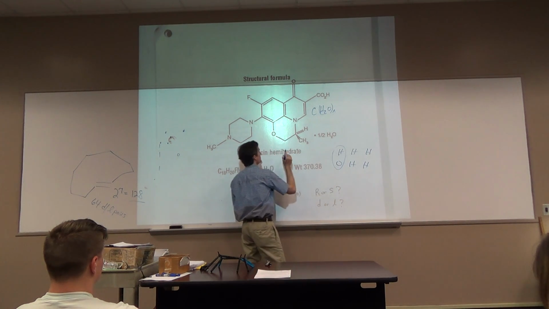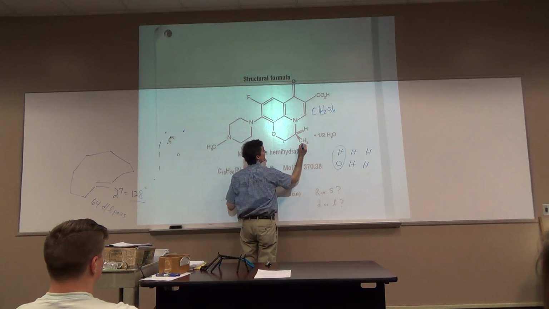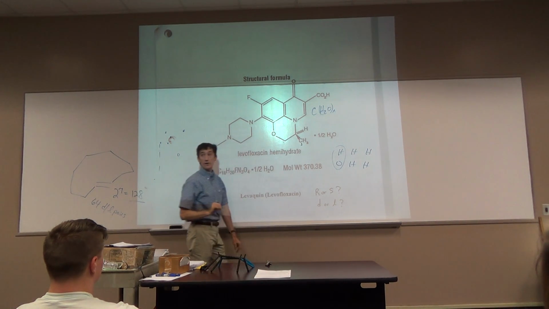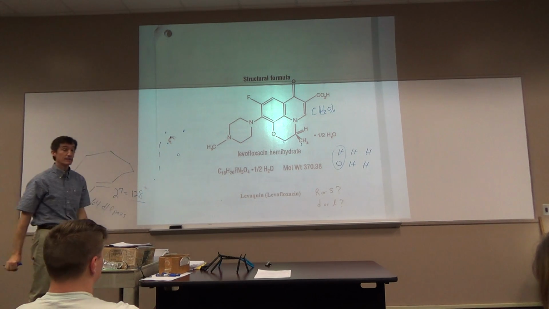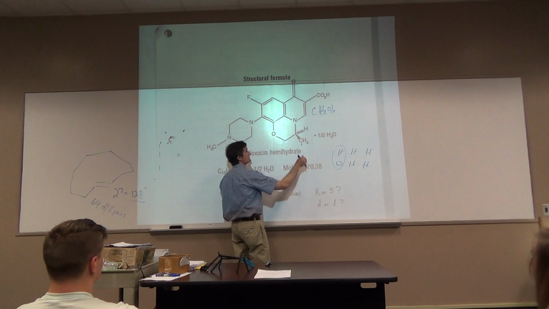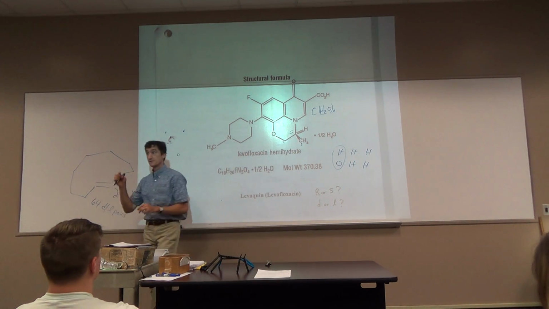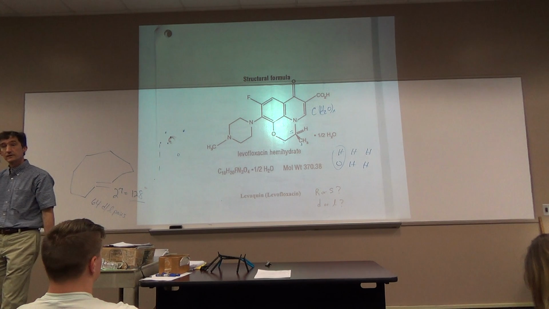O beats H. So this is 2. Methyl's 3. H is the low priority group 4. It's in the back. So what is this? S. Yeah, it's the S configuration.